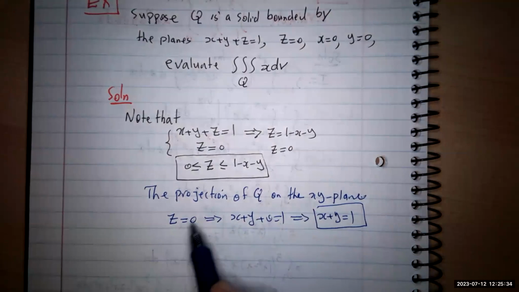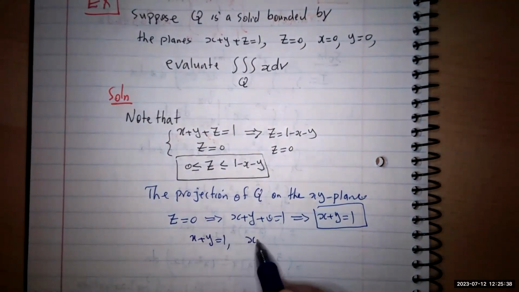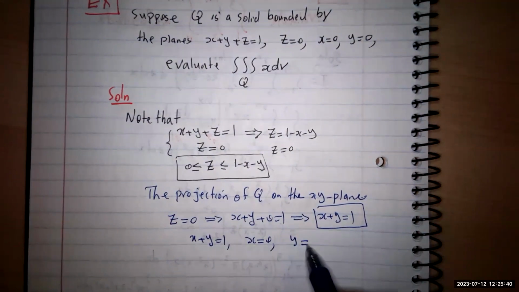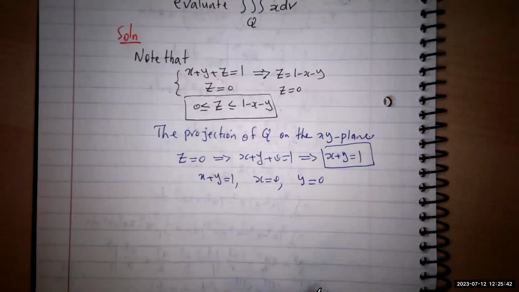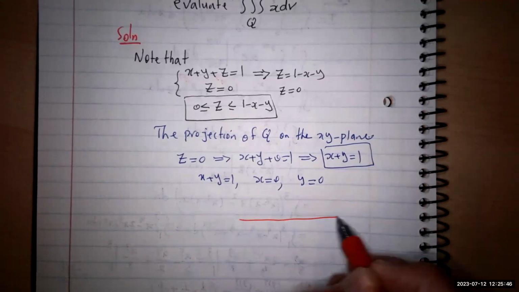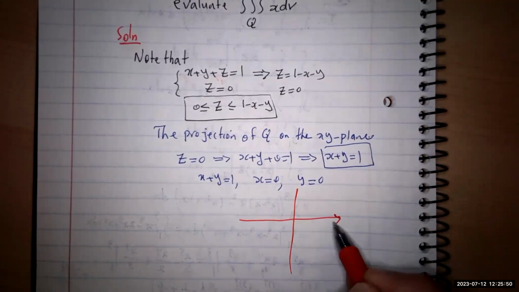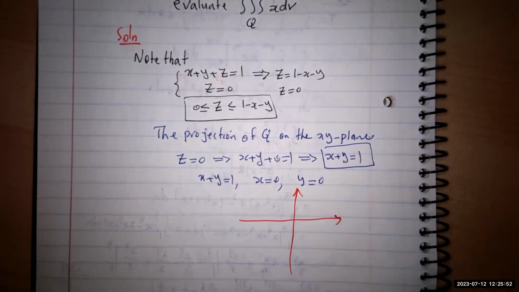So in two-dimensional, you are going to end up with x plus y equal to 1, and you have x equal to 0, and you have y equal to 0. You know what it is. If you graph it, you see, these are just going to give you the intercepts.